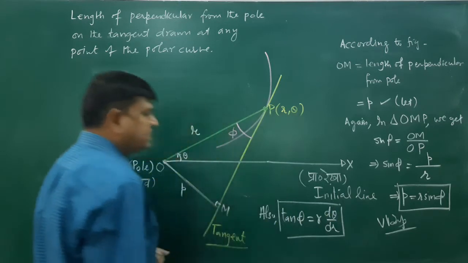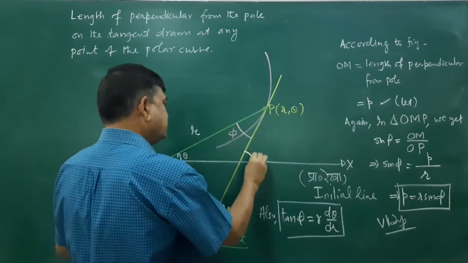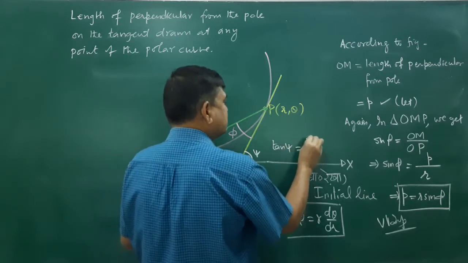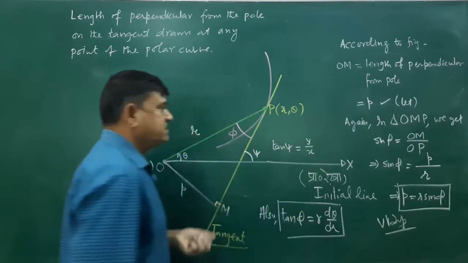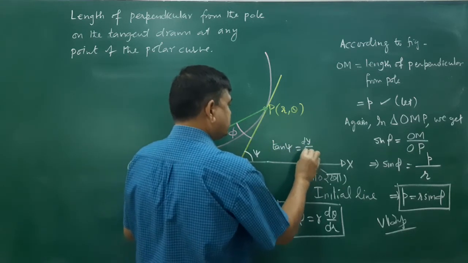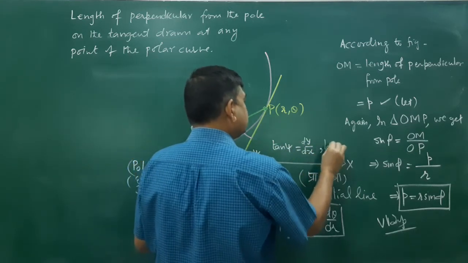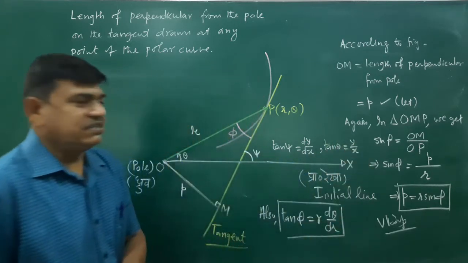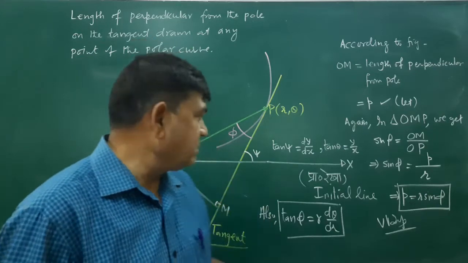Remember it. tan psi, this angle is psi. Remember this. Here, tan psi is dy by dx. Okay. And tan theta is y upon x. So these results you have to remember. These are very important results.